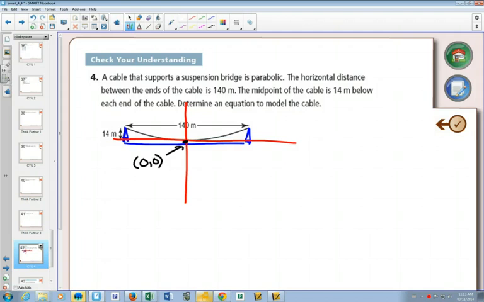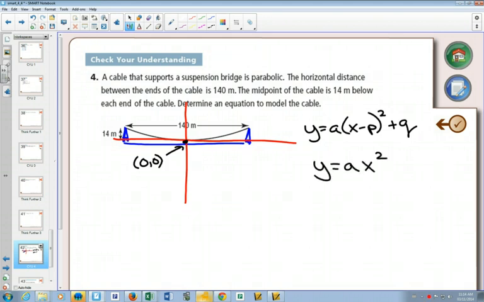And so here, having our vertex right at 0, 0 seems to make sense. If we have that and we need to make an equation, remember our equation looks like this, where P and Q are from the vertex, and A determines how wide it is and whether it goes up or down. By deciding to have our vertex at 0, 0, we already know what P and Q are. In fact, our equation with those zeros in there is just going to look like this, because P is equal to 0 and Q is equal to 0.